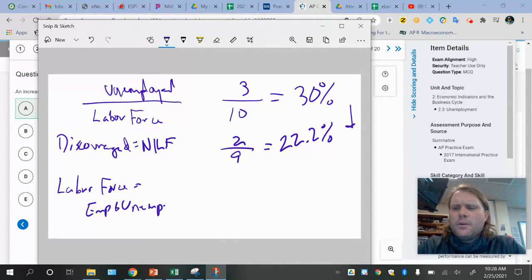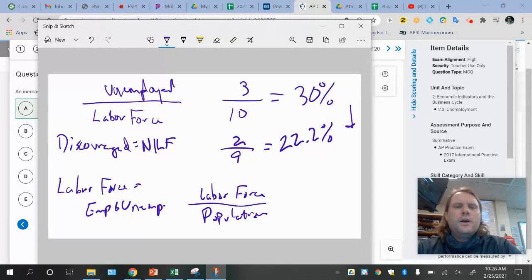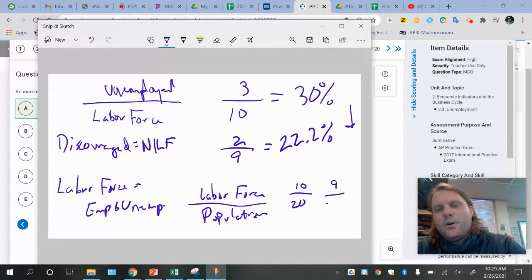Remember, our labor force participation rate is the number of people in the labor force divided by the population. So if we have, let's just say, 10 people in our labor force over 20, well, if somebody leaves the labor force, it's now 9 over 20.